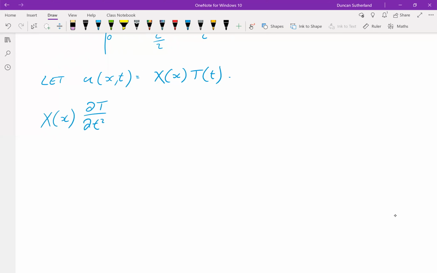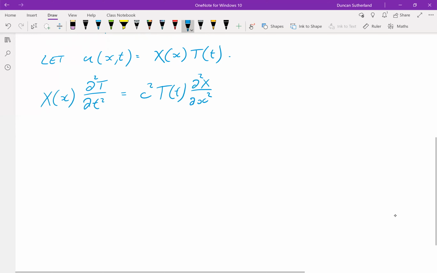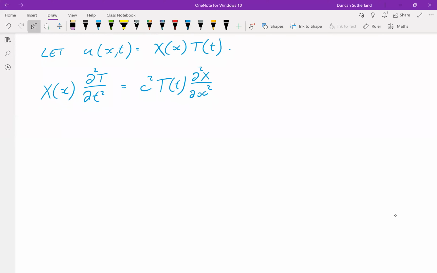So when we plug it into the PDE, we're going to get this, because T is the only function of time. X is a function of space alone. Then we're going to get c squared, and T of t, because T is a function of time alone. And now we're going to get the spatial one. Okay, now we can rearrange this. The goal is to get all the t's on one side, all the x's on the other side.